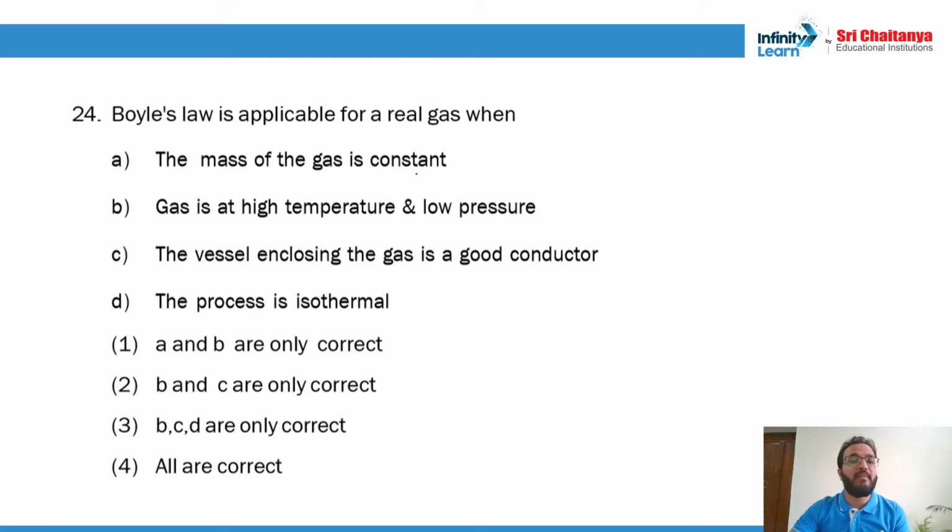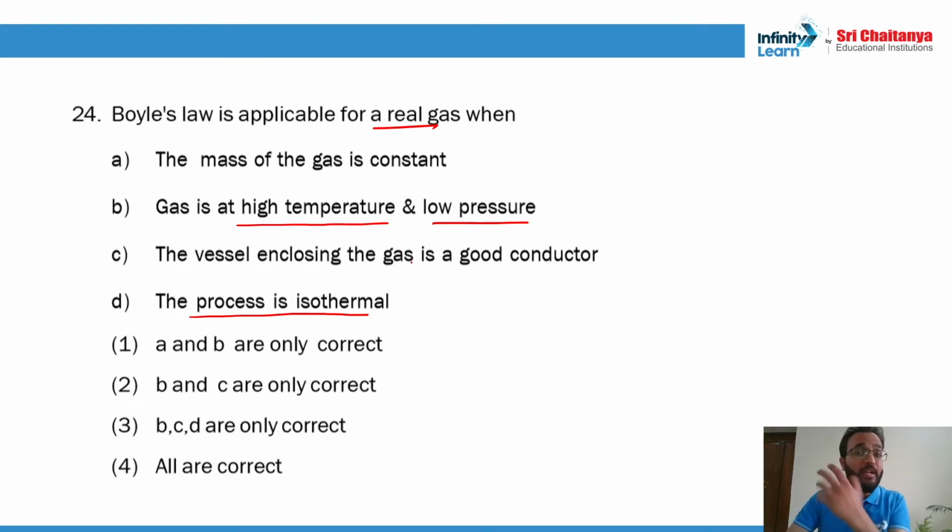Boyle's law is applicable for a real gas only when it behaves like an ideal gas. And when does a real gas behave like an ideal gas? At high temperature and low pressure. The process should be isothermal. The process should be very slow. And the vessel in which the gas is kept should be a very good conductor.